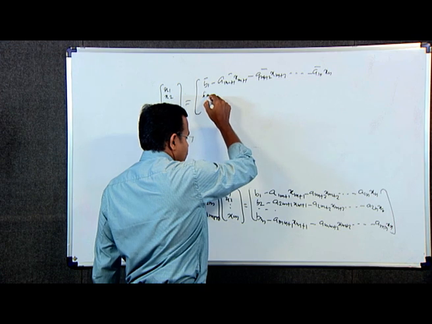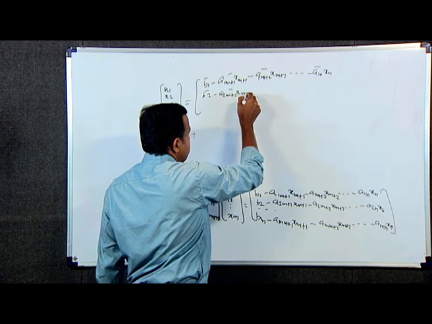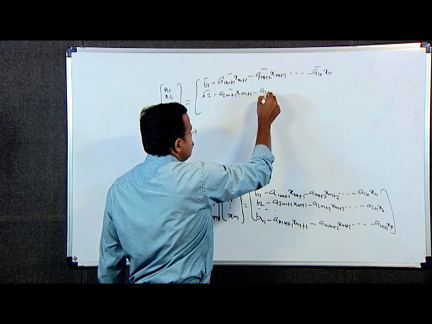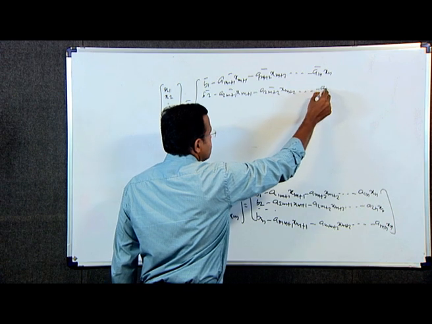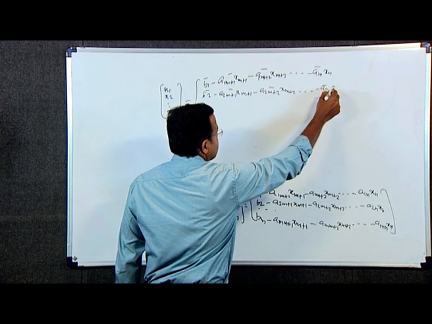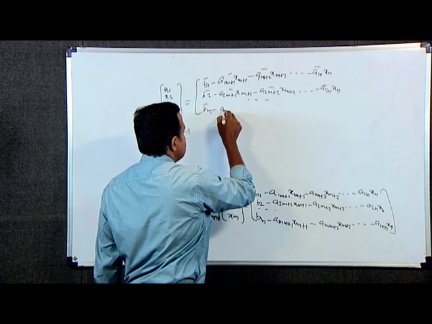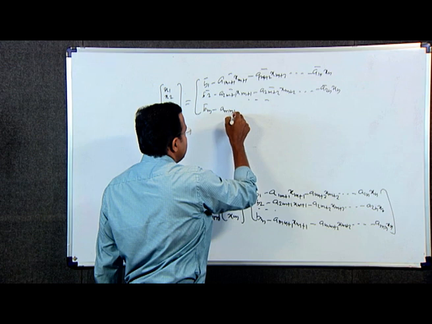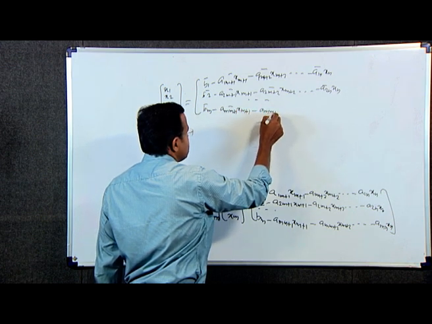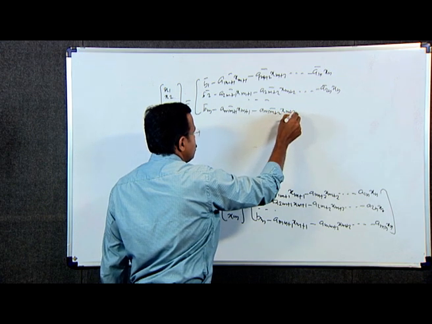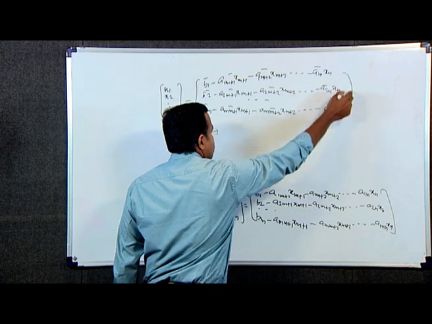The next is b2 bar minus a2 m+1 bar x m+1 minus a2 m+2 bar x m+2, etc., minus a2n bar xn, etc. The last is bm bar minus am m+1 bar x m+1 minus am m+2 bar x m+2, etc., minus amn bar xn.